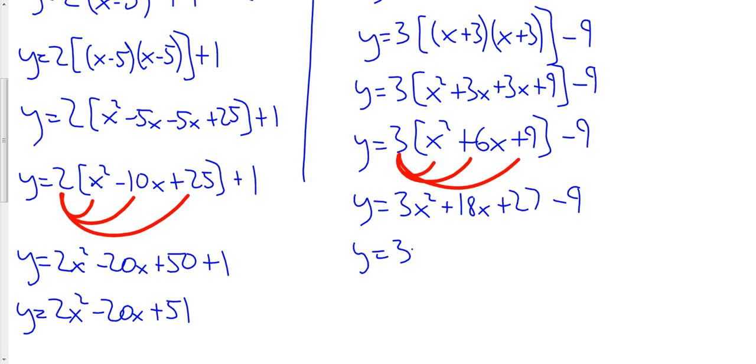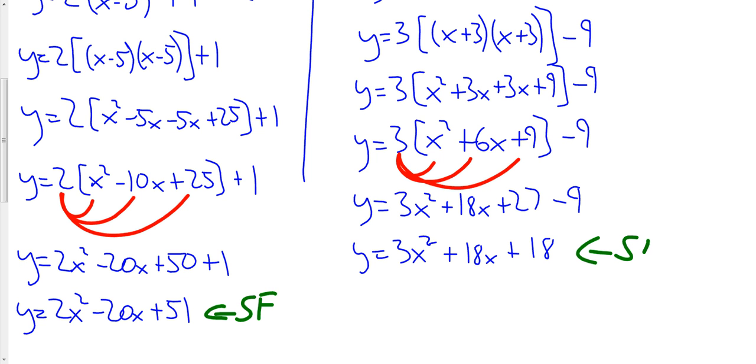That gives me 3x squared plus 18x plus 18. Just by going through that process, we have converted from vertex form into standard form both times. So we can always convert from vertex form into standard form, and that's an important skill that we're going to be able to use throughout the course of this unit.